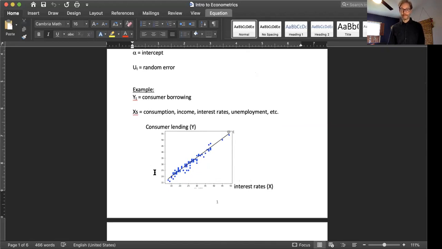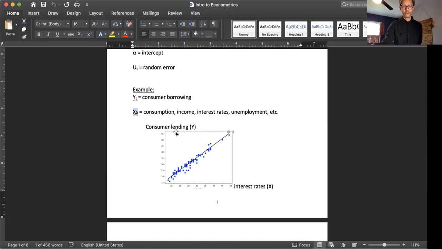That is the dependent variable, the variable that you're interested in explaining. What would then be some of the explanatory variables that you might want to consider? Well, you might say that maybe consumer borrowing is influenced by consumption patterns, or what people's income is, or what interest rates are, or what unemployment is, or other things.